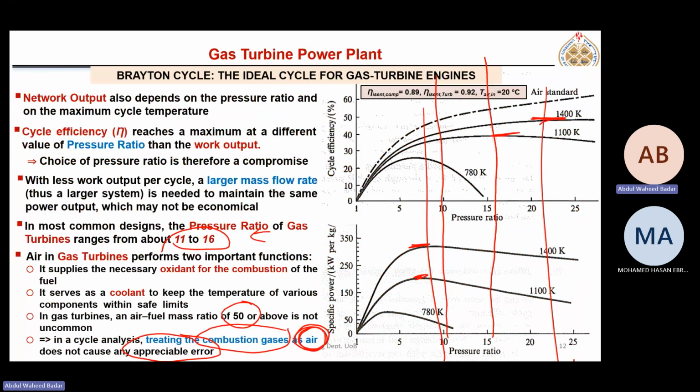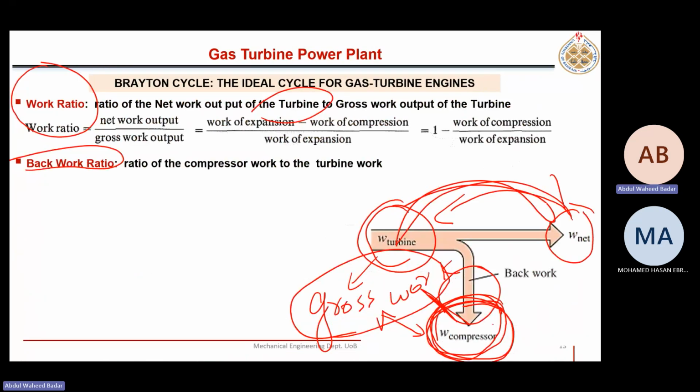What is that pressure ratio which will give me the maximum net work output at fixed temperatures T1 and T3? If T1 and T3 are fixed, what is the optimum pressure ratio which will give us the highest net work? So it means the slope of this curve will be 0. So that concept we'll use and we'll derive an equation.